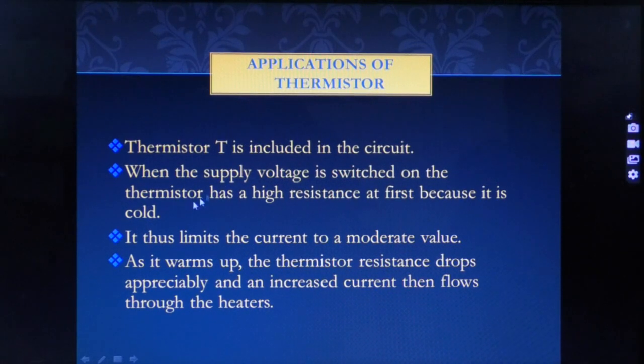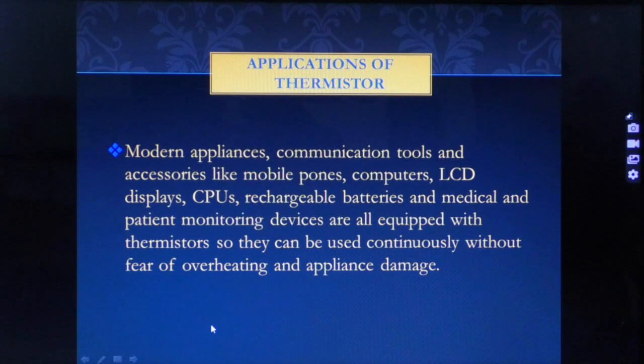Applications of thermistor. Thermistor capital T is included in the circuit. When the supply voltage is switched on, the thermistor has a high resistance at first because it is cold. It thus limits the current to a moderate value. As it warms up, the thermistor resistance drops appreciably and an increased current then flows through the heaters.